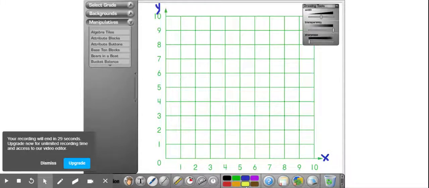Okay, next we're going to look at how to identify points on our coordinate grid. The points are the parts here where the squares intersect, all of these parts here. So if I wanted to identify this point right here at the bottom, we talked about that in the last video. This is called our origin.